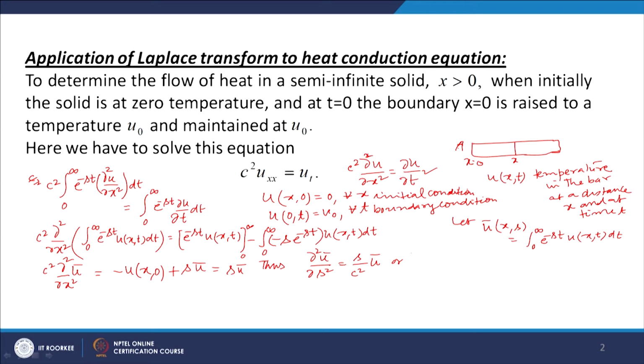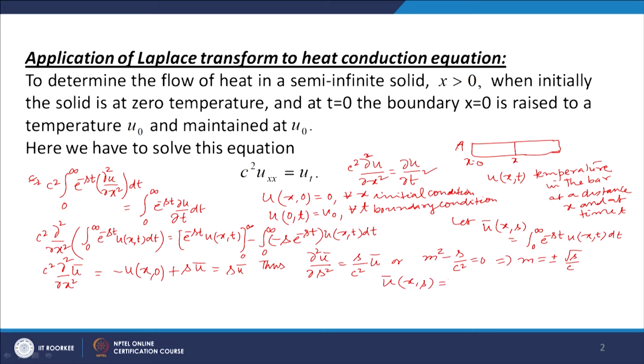So the auxiliary equation will be m square minus s by c square equal to 0, if we regard it as an ordinary differential equation of second order. So then m is equal to plus minus root s by c.